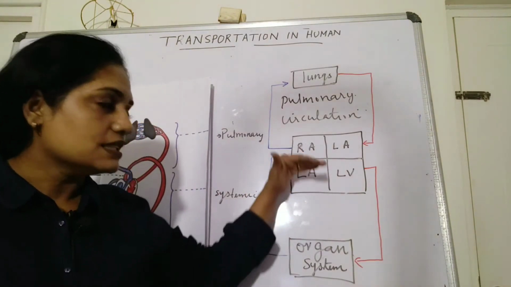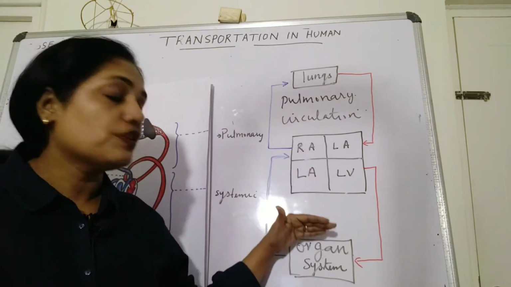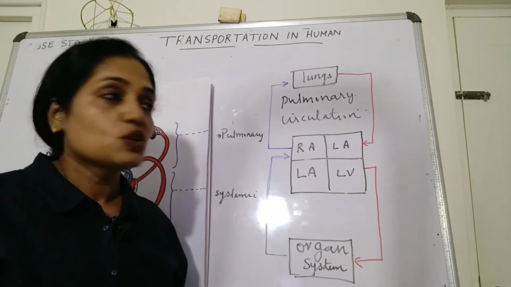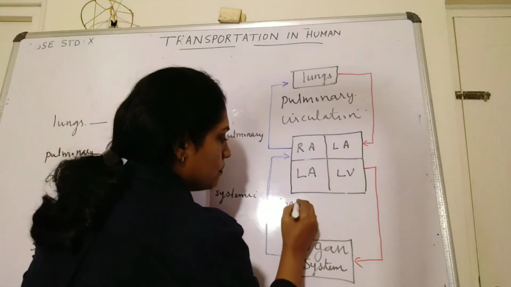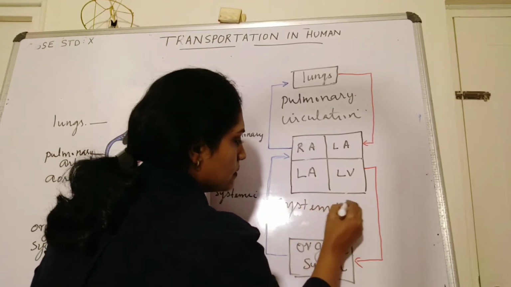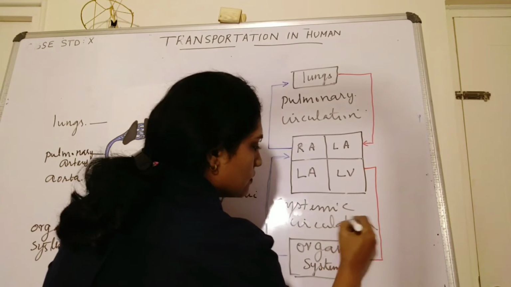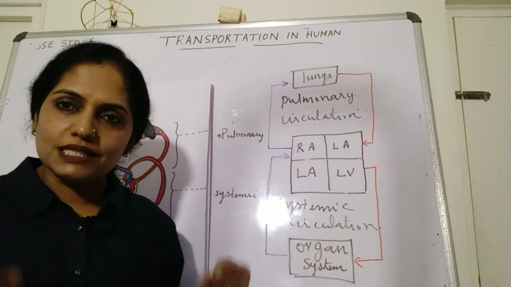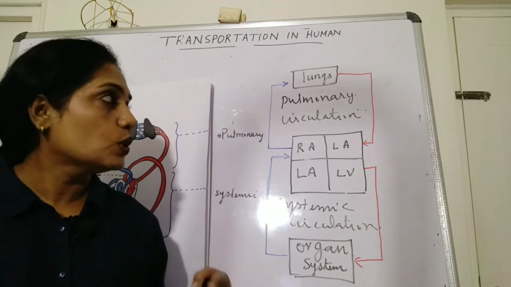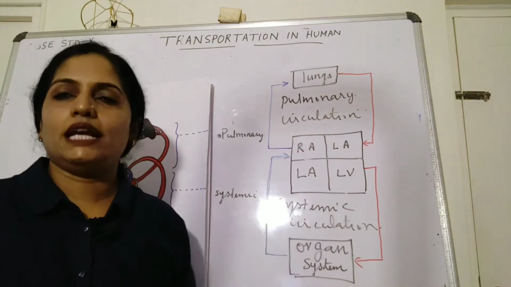So here the circulation of the blood is between the heart and different organ systems. This circulation is known as systemic circulation. So we can call blood circulation in humans a double circulation because it includes pulmonary circulation and systemic circulation.